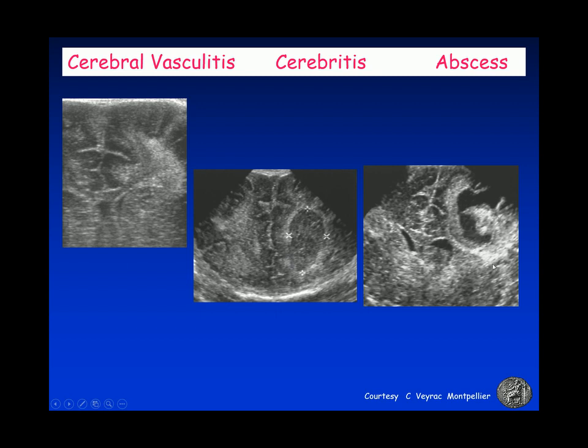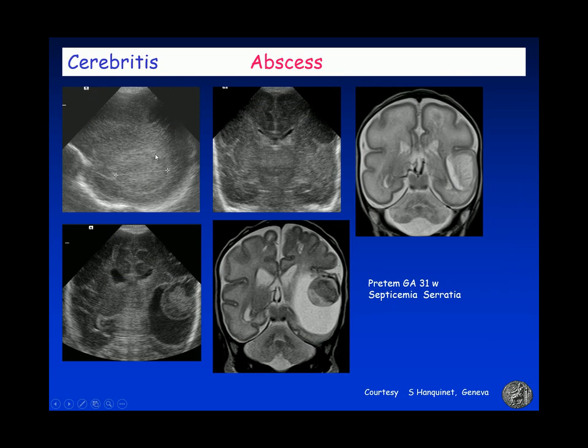And this is a typical appearance of the evolution of cerebritis to the formation of a cerebral abscess. Here you may see the advantage of ultrasound. You see this hyperechogenic or heterogeneous area, liquefaction progressively, and the similar imaging findings on MRI.